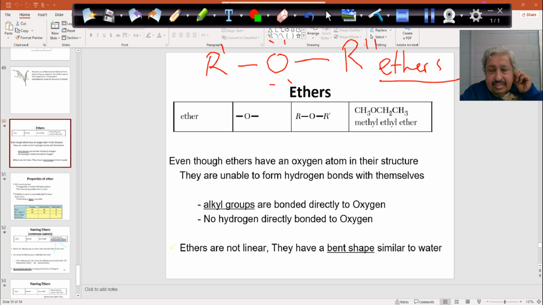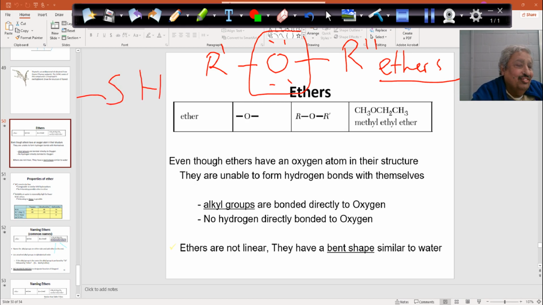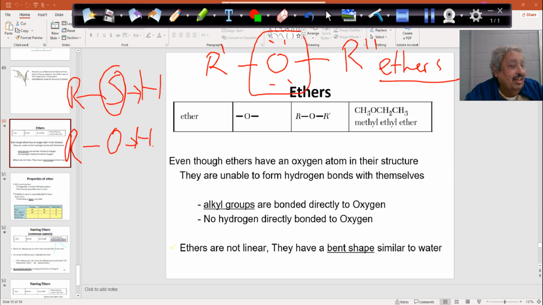Why are ethers not that reactive? Well, it turns out oxygen is not free. Like in a thiol, the sulfur here is free. It has only H unconnected to R, correct? And the OH is free, connected to H and here R. Are you following me here?